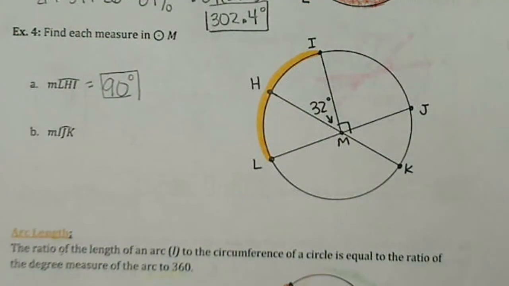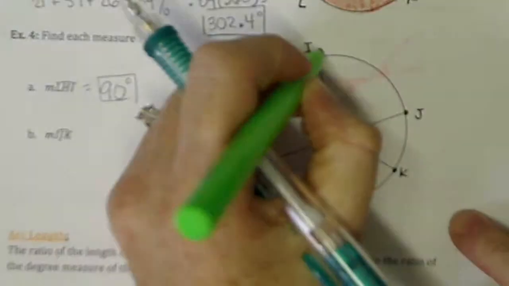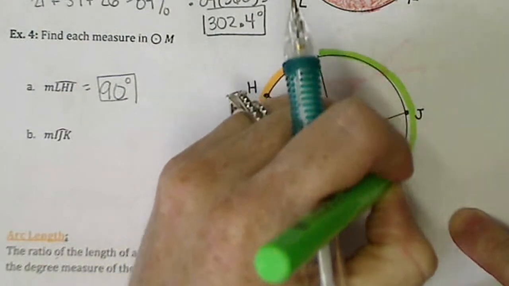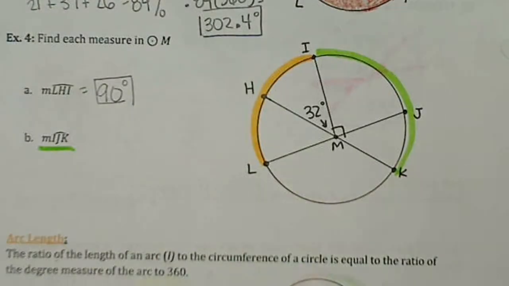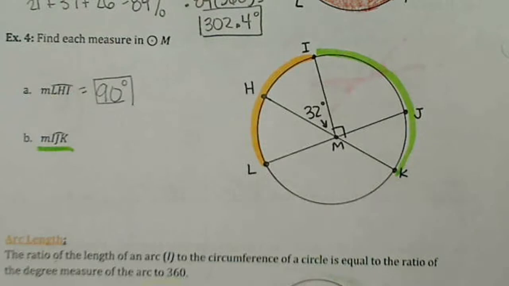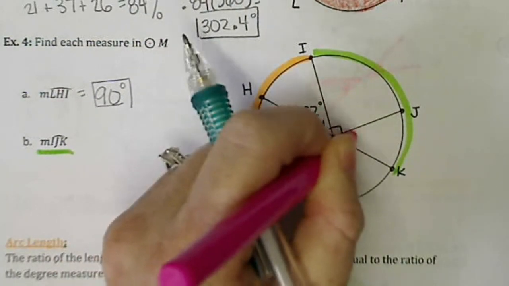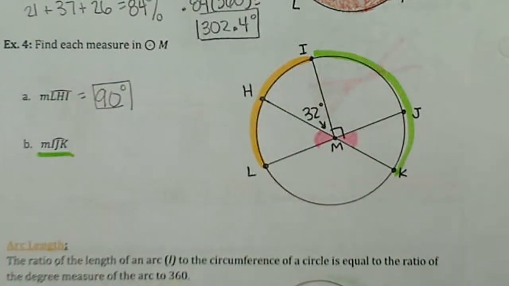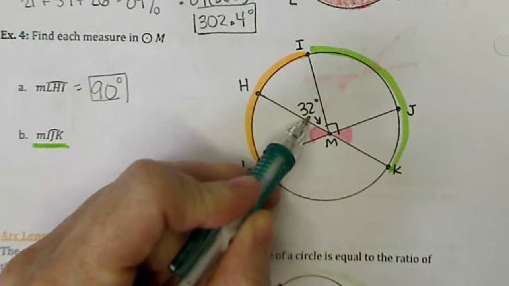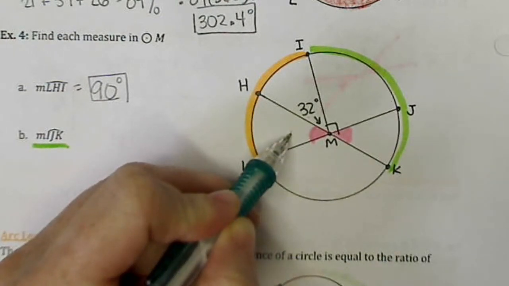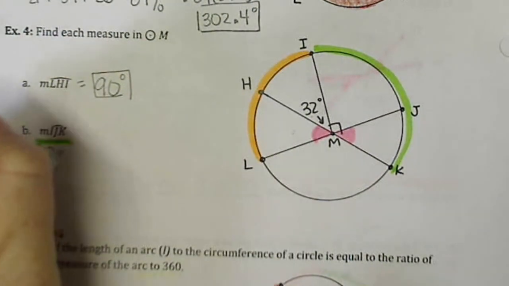Letter B, IJK. All right, we've got 90 plus a little bit more. Now I do know though, hey, look at this. This right here, this right here, they're vertical angles. Those are equal. Since this is 32, I can find this out by doing 90 minus 32.